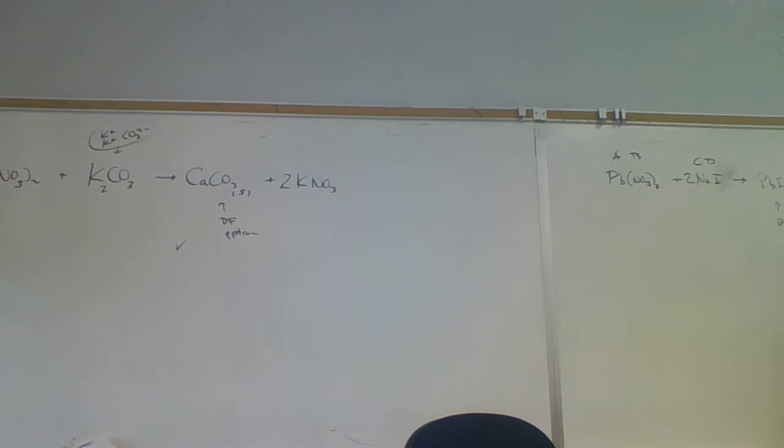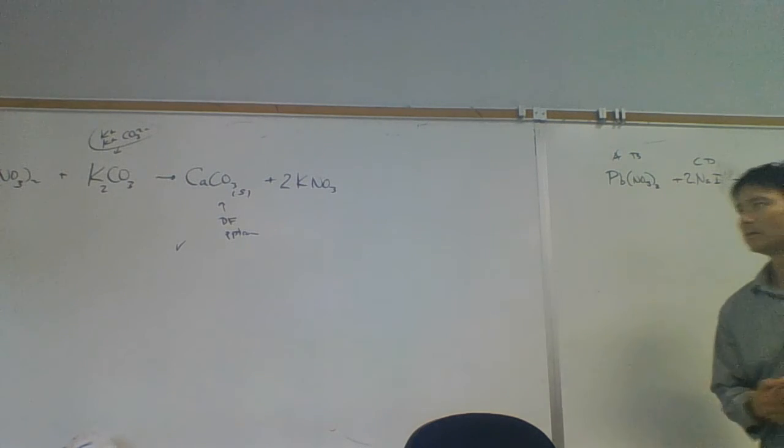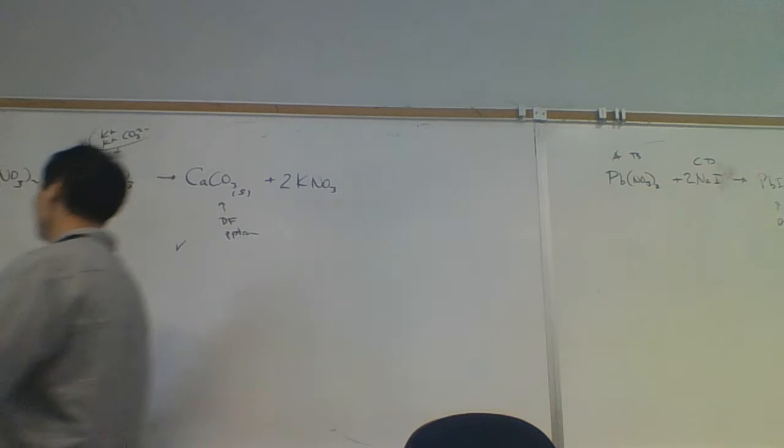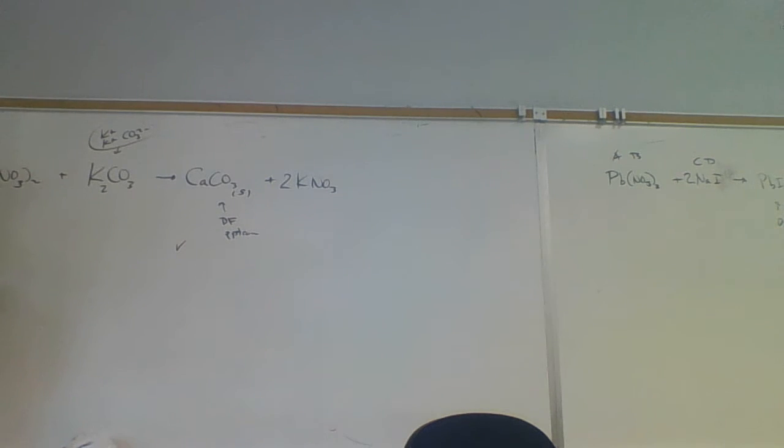35, sulfurous acid decomposes spontaneously to form sulfur dioxide and water. Does that sound like metathesis to you? Sulfurous acid, yes. But sulfur dioxide and water? Oh, it's not double replacement. This is a potential product.